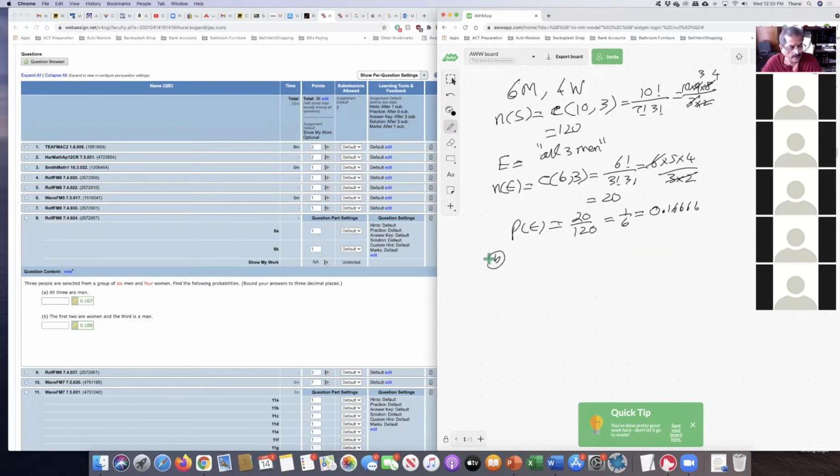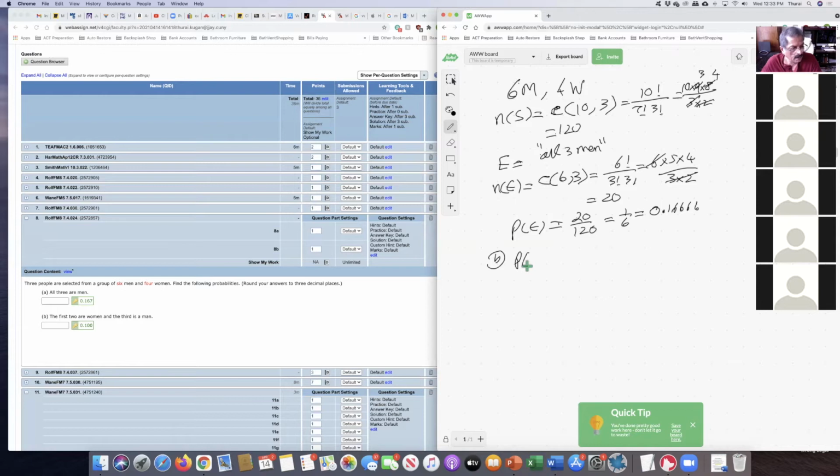Part B is the probability that the first 2 are women and the third is a man. Okay, this can be done 2 ways: using a counting technique like I just did for the first part, or by using conditional probability. So let me do it by conditional probability.